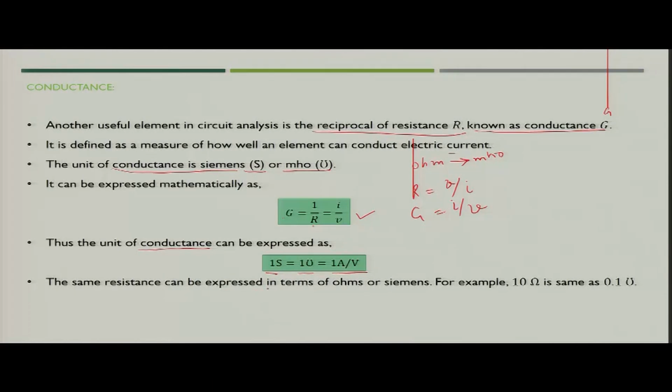Now, the same resistance can be expressed in terms of ohm or Siemens. That means, if one resistance is having 10 ohm as a resistance, in the same way you can say that that element is having 0.1 mho as a conductance.